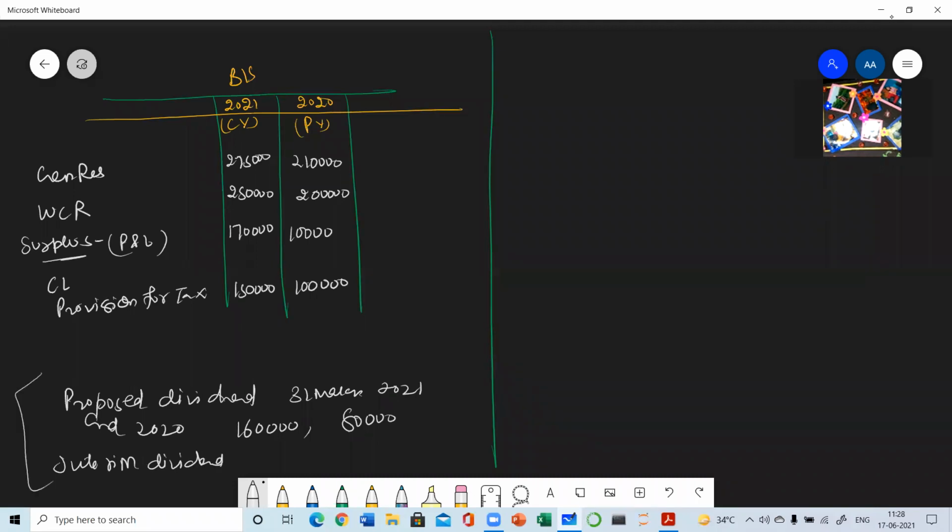These two dividends will be always given in adjustment. It is 50,000. Find out net profit before tax and extraordinary item. So you just need to prepare the working note. I'm giving you just 2 minutes for preparing the working note. So I'm waiting till then.